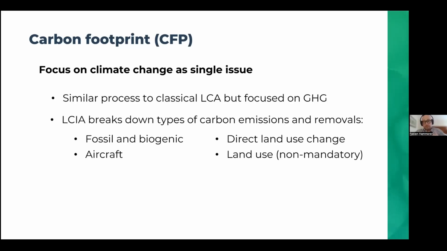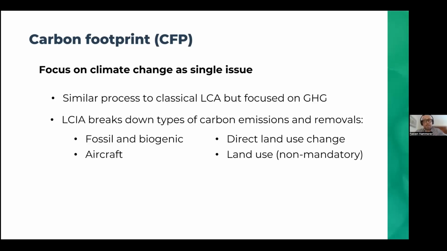The method breaks down that single issue into different types of carbon emissions and removals. You will look at fossil and biogenic carbon, GHG emissions linked to aircraft, and direct land use change.